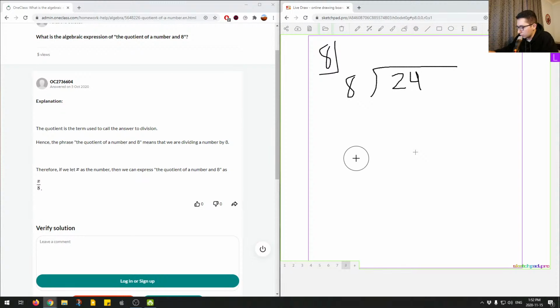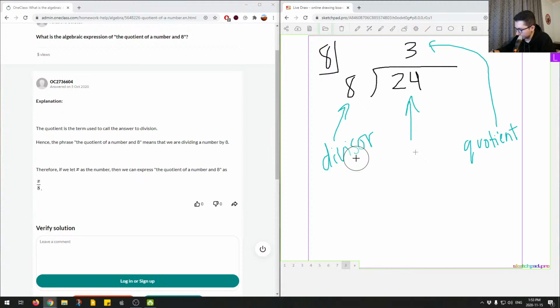And then we know that this is 3, just doing mental math, but essentially, let me label these for you. So this over here is the divisor. This is the quotient. And this is the dividend.